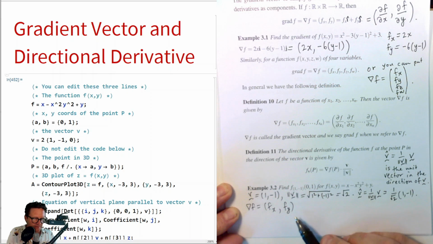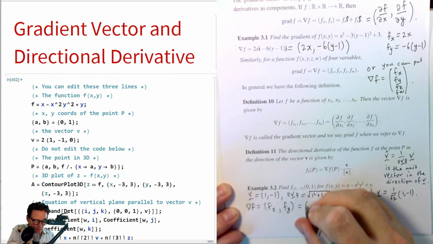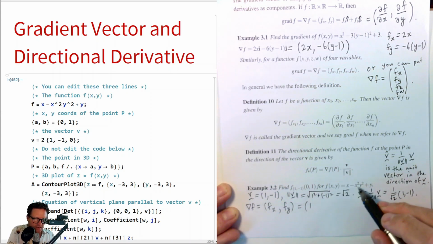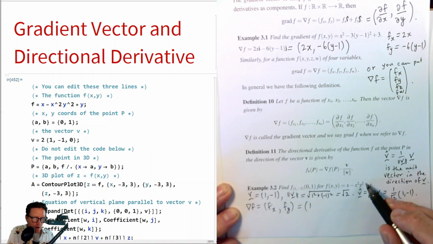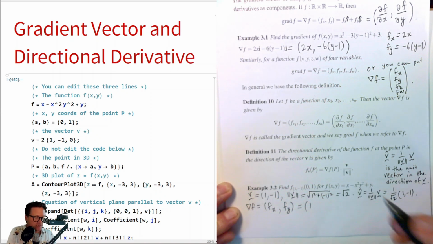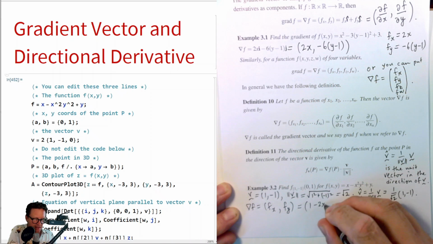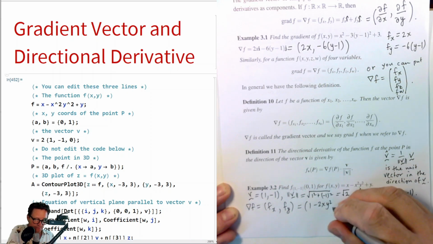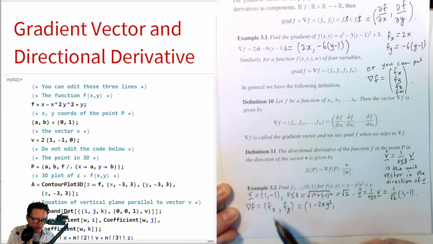Okay, so the derivative of this function with respect to x is, the derivative of x with respect to x is 1. The derivative of minus x squared y squared with respect to x partially is minus 2x y squared. And then the derivative of y with respect to x partially is 0. So that's f subscript x.